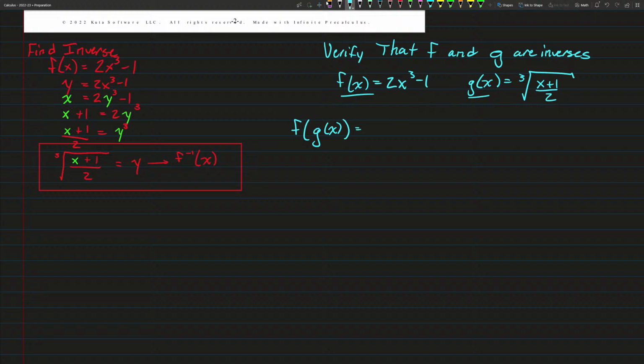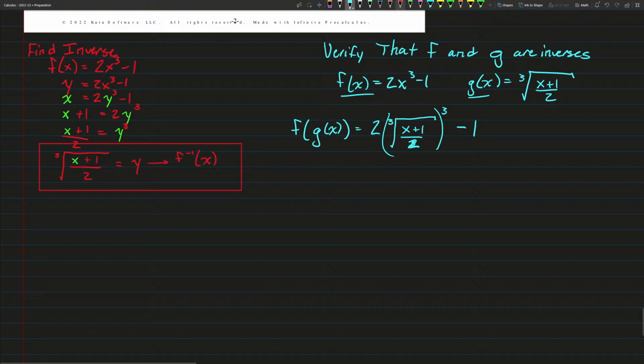So if we do that, we're going to have 2 times our input, which in this case is all of g of x, and this entire thing is cubed, and then we're subtracting 1. Okay, so we're composing f and g, and then we're just going to try and simplify.